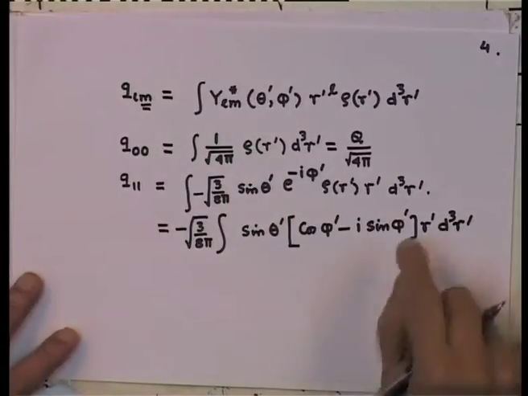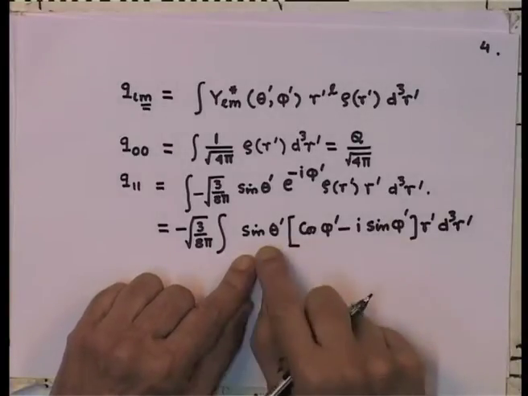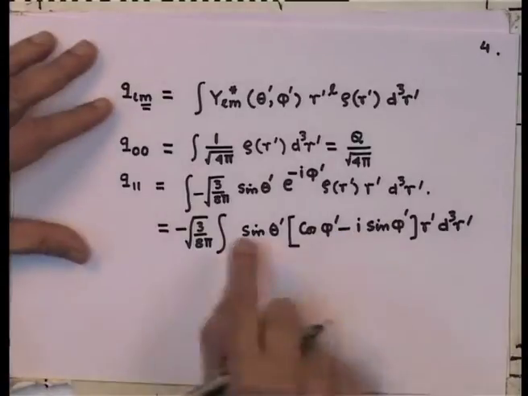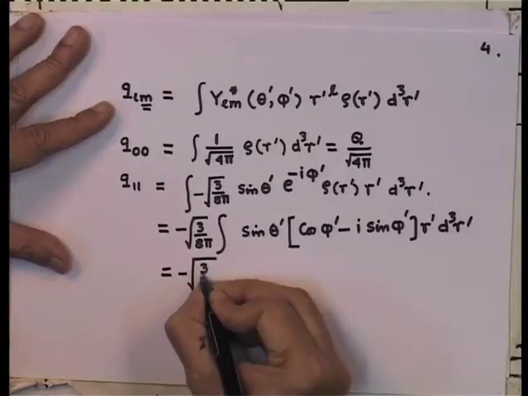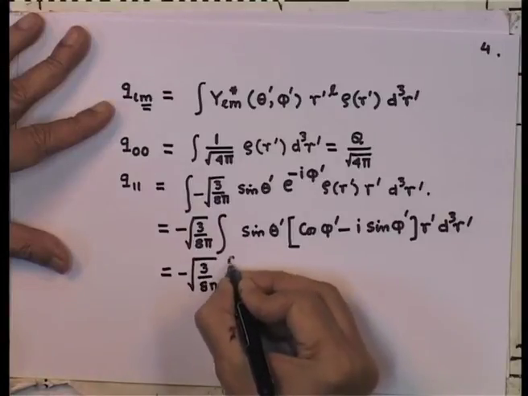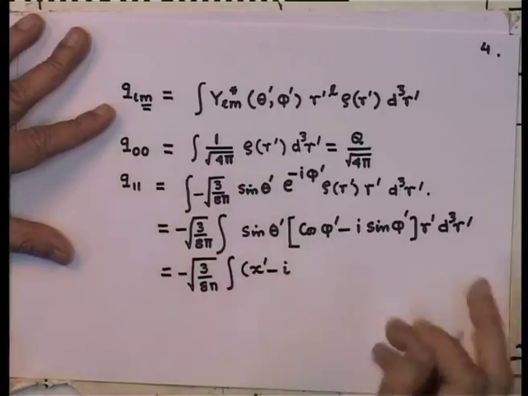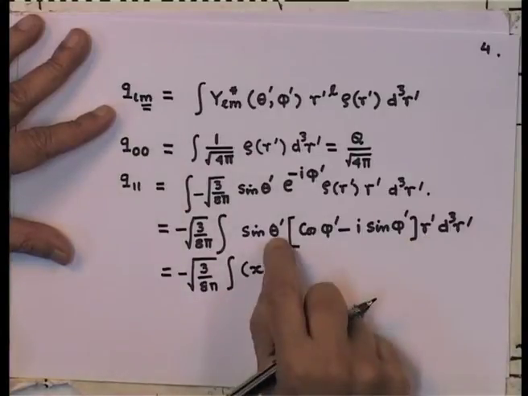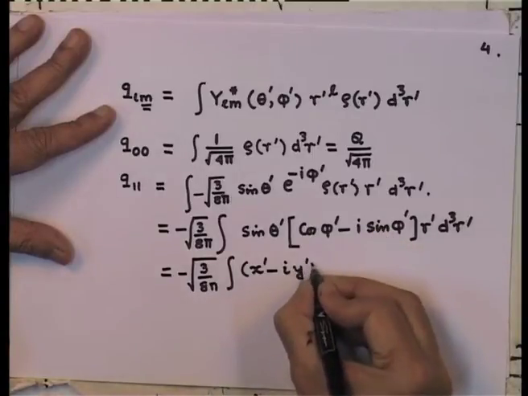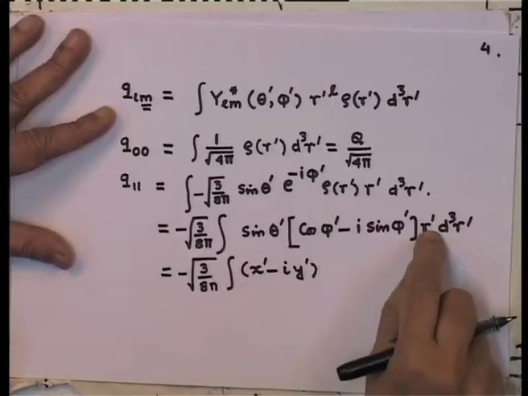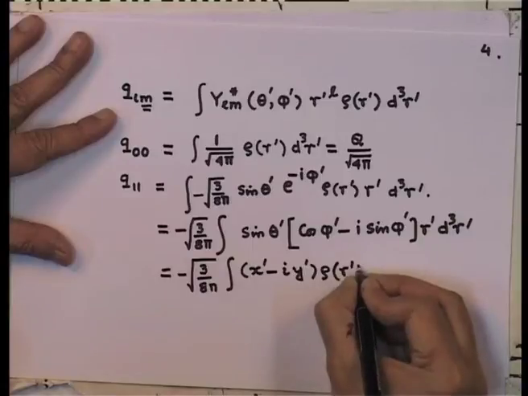Now, notice an interesting thing: r sin theta cos phi is nothing but an expression for x. In this case there is a prime, so therefore, it is x prime. So, I get 3 by 8 pi integral of x prime minus i times r prime sin theta prime sin phi prime, which is nothing but y prime. This times r has been already taken care of. So, I get rho(r prime), which has been missed in the first term.